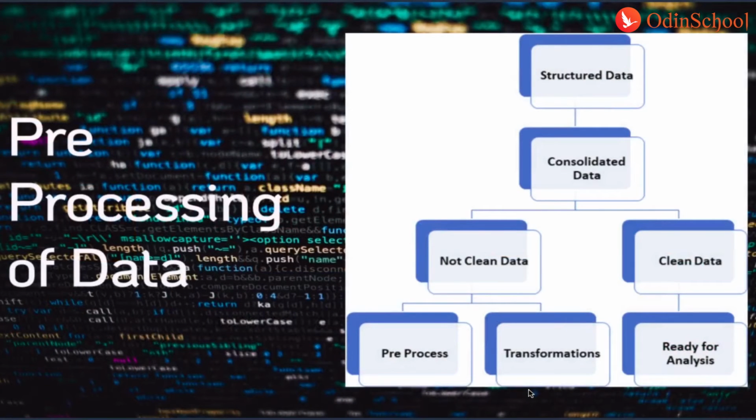Let's talk a little more about the pre-processing of data and why it is required. When we pre-process the data, we are talking about structured data. What is structured data? Structured data has a structured format, or is in a tabular format. The data we generally use can be numeric or categorical.